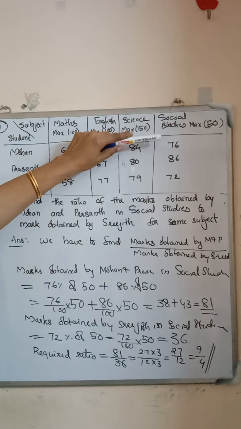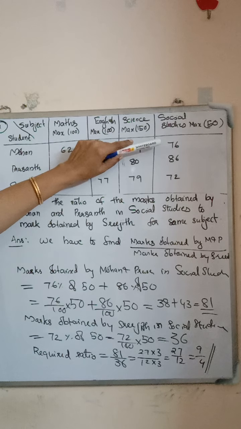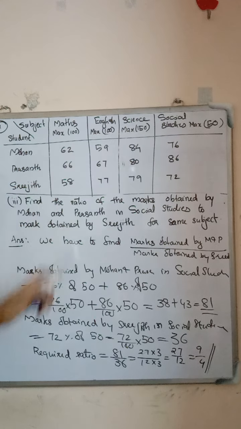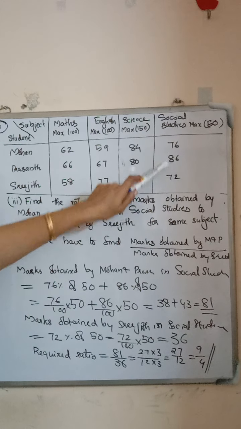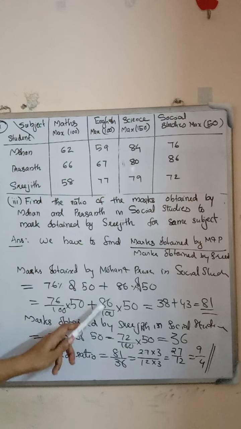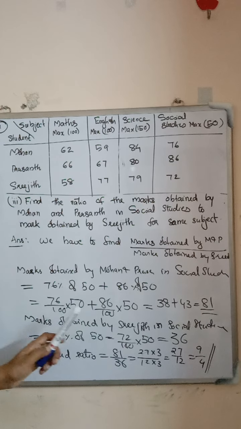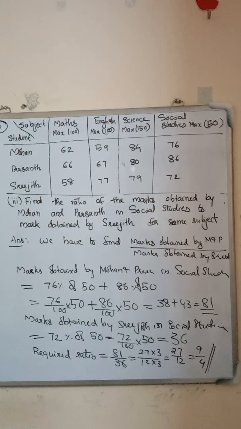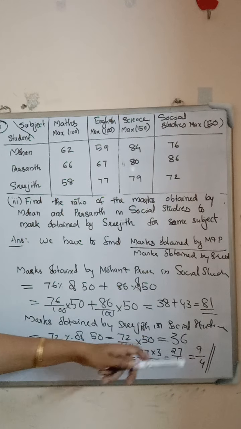Okay. So, the marks obtained by Mohan and Prashant in social studies is 76% of 50 and 86% of 50. Adding up, we get 76 by 100 into 50 plus 86 by 100 into 50. That is 38 plus 43 equals 81. Next, marks obtained by Srijit in social studies.